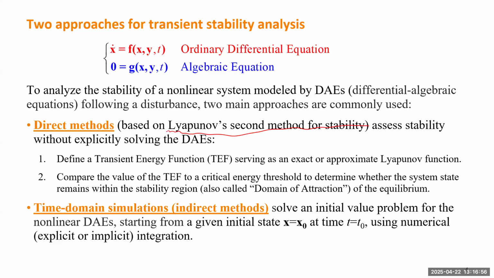Indirect methods are typically time domain simulations. We need to solve an initial value problem for the set of DAEs, starting from an initial state at a certain time. Basically, you need to utilize a numerical method to solve the DAEs for the system response at any desired time.